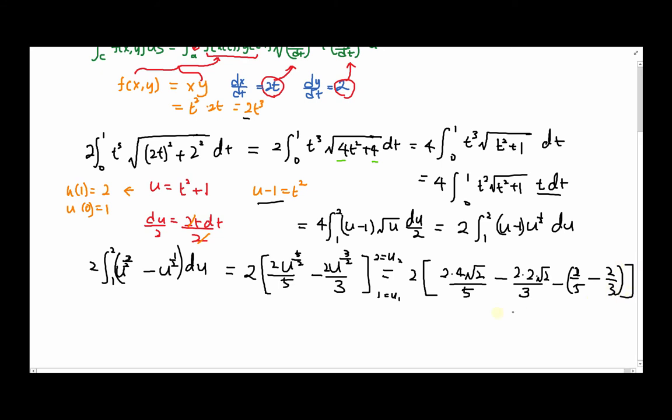Okay, we can have a common denominator of 15. Then to get 15, I have to multiply both top and bottom by 3. Here I have to multiply by 5. Here 3, and here 5.